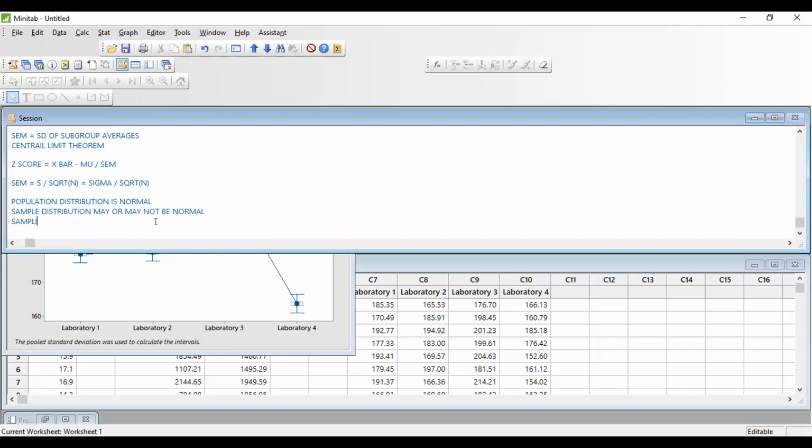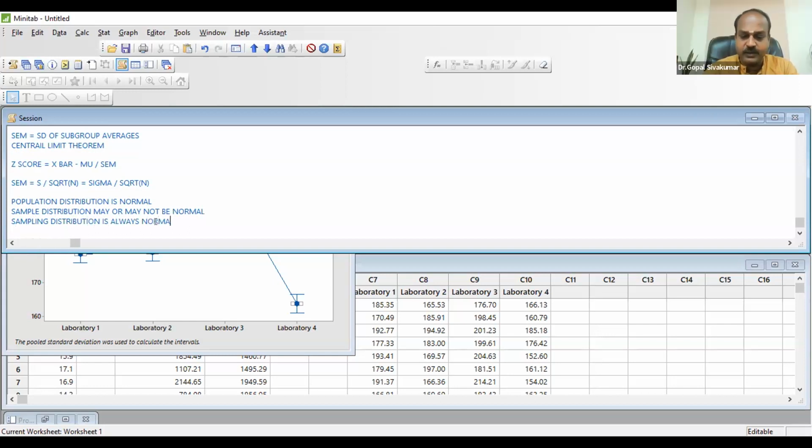But now coming here, the sampling distribution is always normal. An important property of the sampling distribution is it will be always normal. Only one condition.